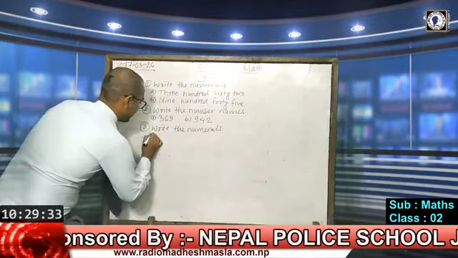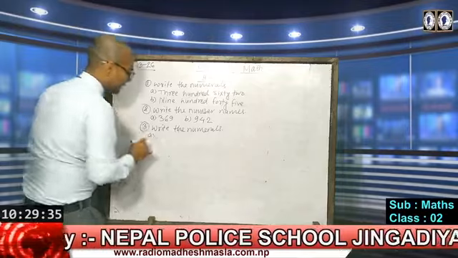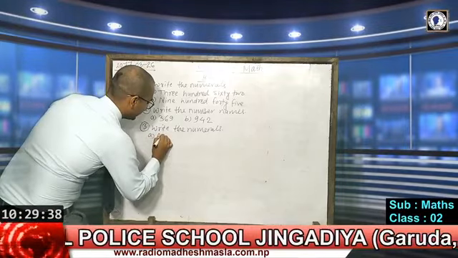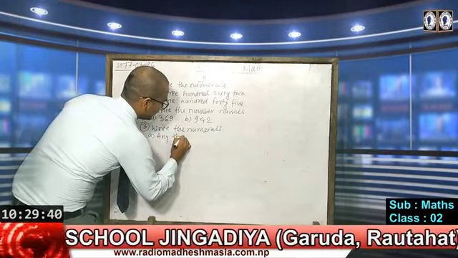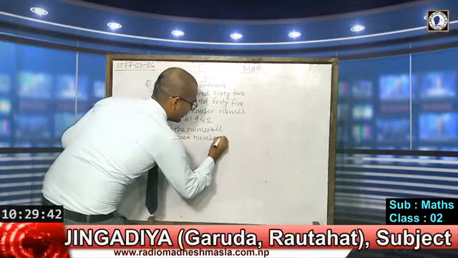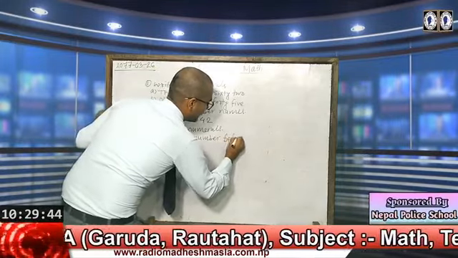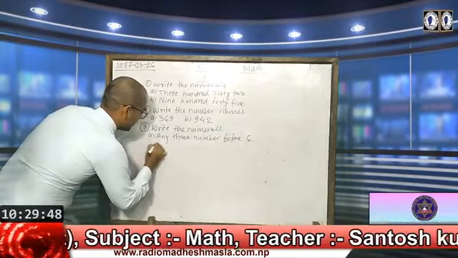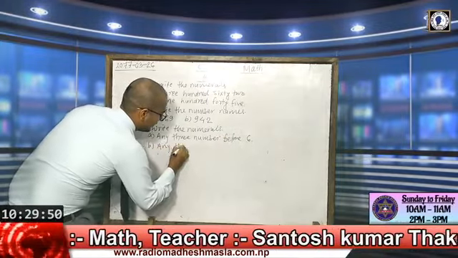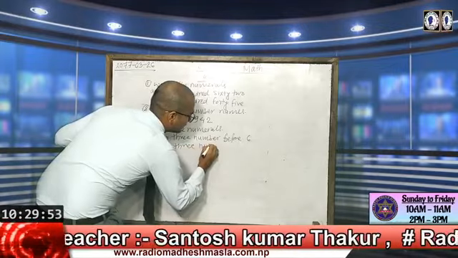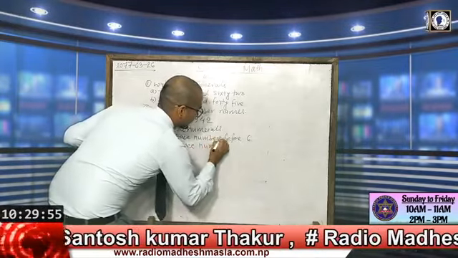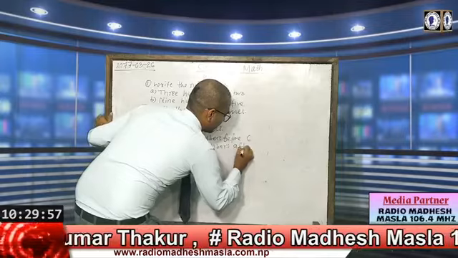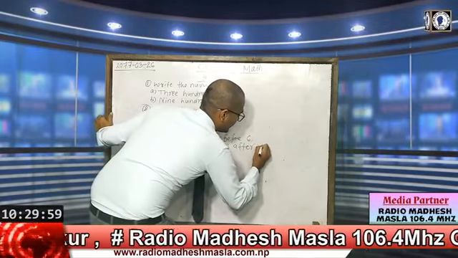In question A of question number 3, write any 3 numbers before 6. In question B, any 3 numbers after 12.